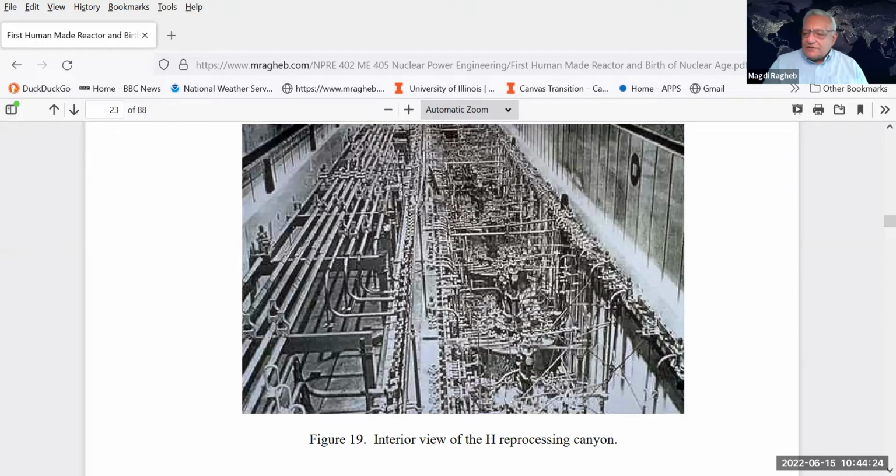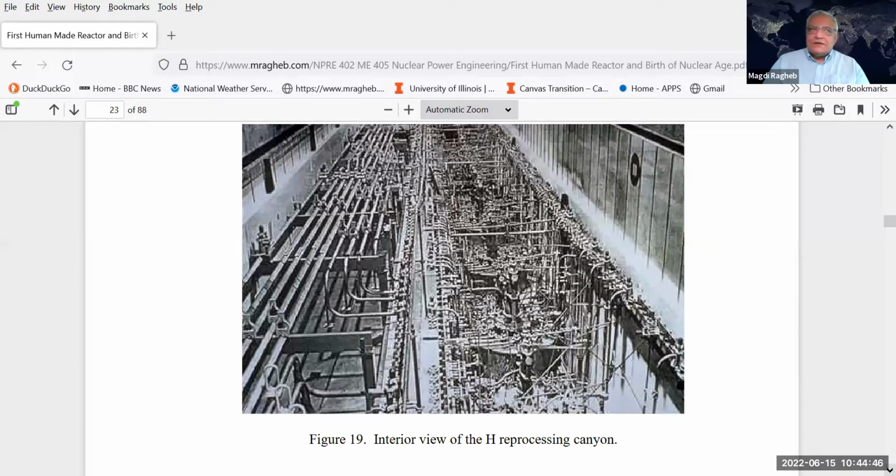It was a very large industrial process given to the chemical company that was renowned at the time, the DuPont company, on a cost plus basis.